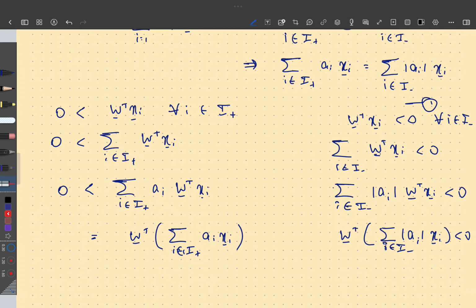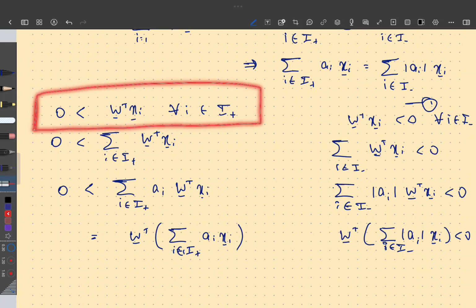Number two. Suppose that there exists a W such that W transpose x_i is greater than 0 for all i in I plus, and simultaneously W transpose x_i is less than 0 for all i in I minus.